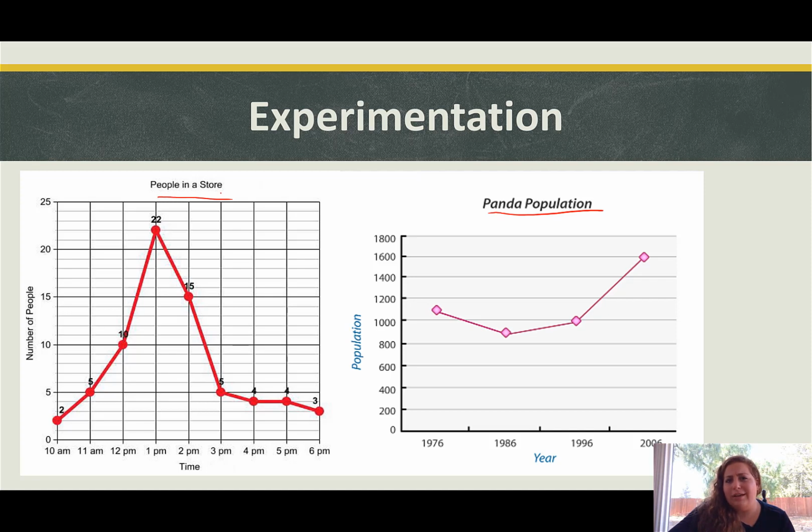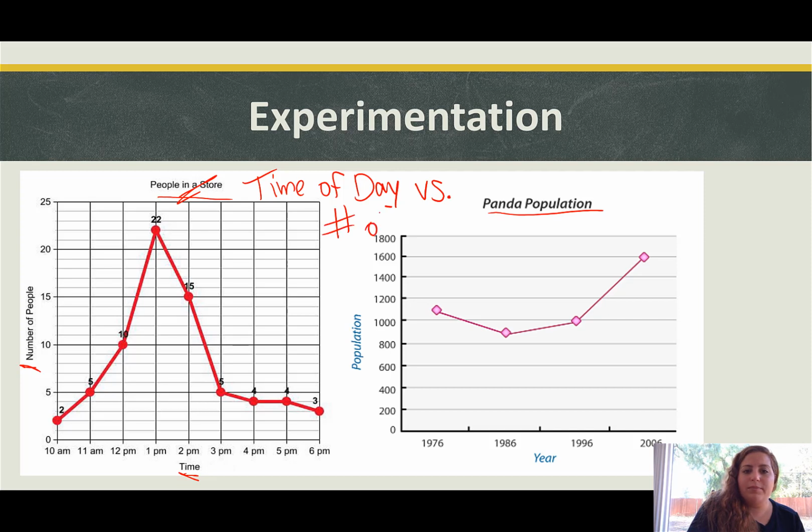That's a pretty vague title. So if we look at what we're actually measuring here, there's number of people and then the time throughout the day. So a better title for this might be time of day versus number of people in store.